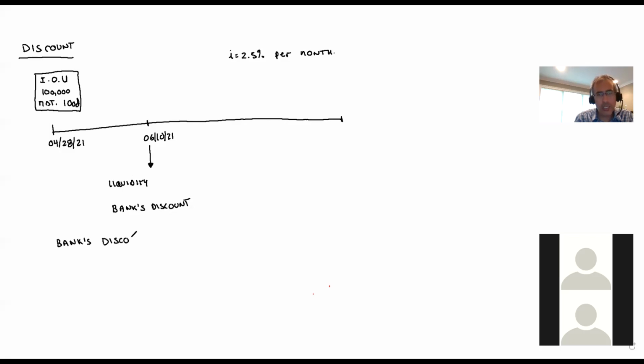Bank's discount also is equal to the principal, so this number here, times the interest in advance. So this is A, B, and C, and I want you to compare that C provides the same answer as B, right? Okay, guys, let's do this in 3 minutes. This is in advance, remember.